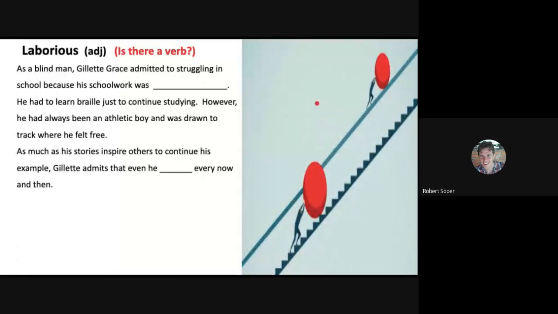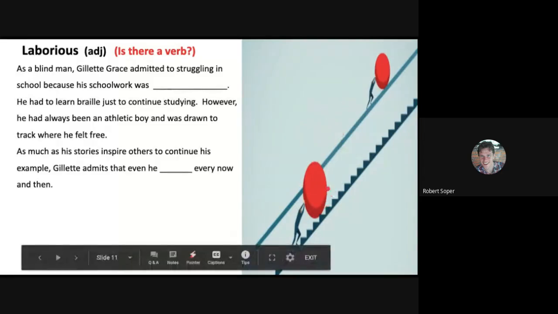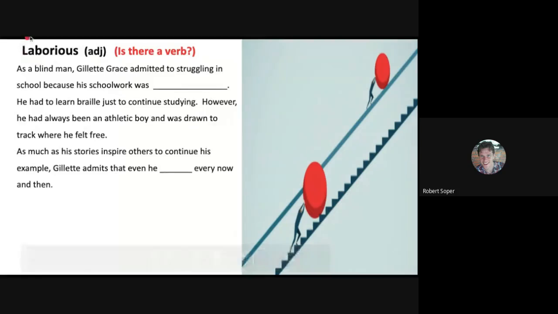Like it's a lot of hard work, a lot of hard and often boring work. Interestingly enough, if this was an escalator, this would be less difficult, so it wouldn't be laborious. Hopefully, he's standing on an escalator. Anyway, so laborious means difficult.